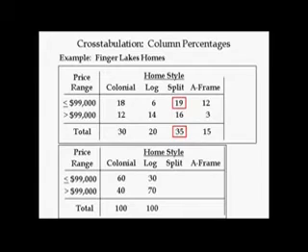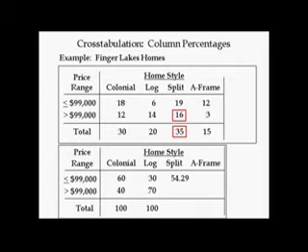The column percentage in the first row and third column is found by dividing 19 by 35. This can be interpreted as a probability of a randomly chosen home being priced at $99,000 or less given it's split, which is equal to 54.29%. The next column percentage in the third column is found by dividing 16 by 35.